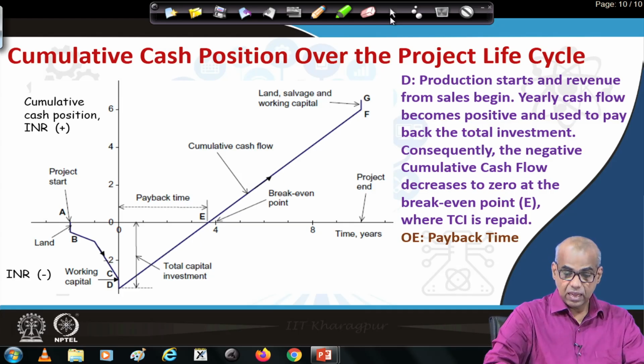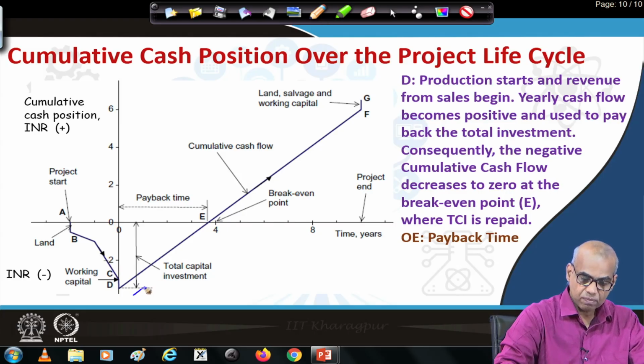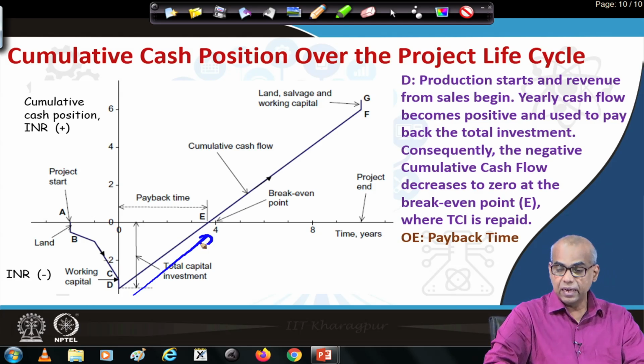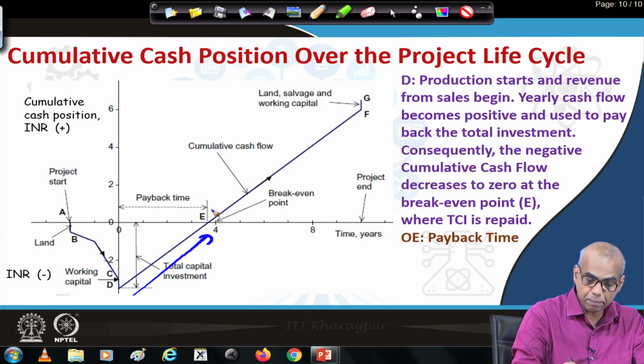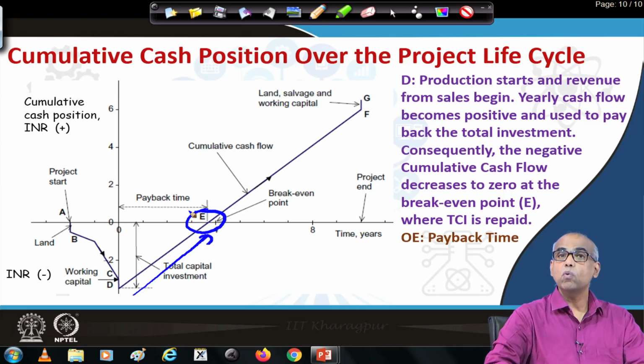But as time progresses, you earn more and more revenue, and the negative cumulative cash flow decreases. And when you come at time represented by E, there will no more be any negative cumulative cash flow. The cumulative cash position will be exactly 0.